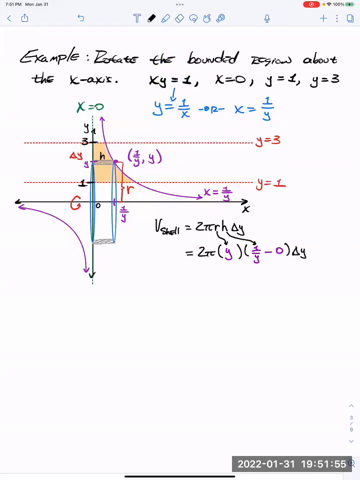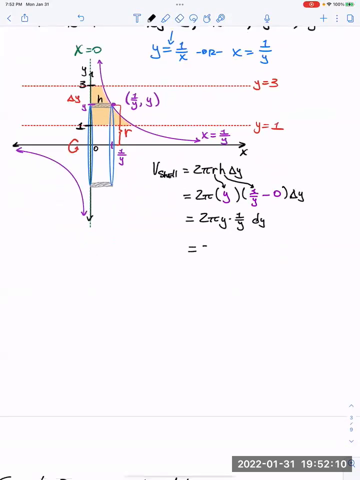There you go. So now my volume of my arbitrary shell is 2 pi y times 1 over y, right? 1 over y dy. And this one works out pretty nicely because we just get 2 pi dy. That's it for this particular example.